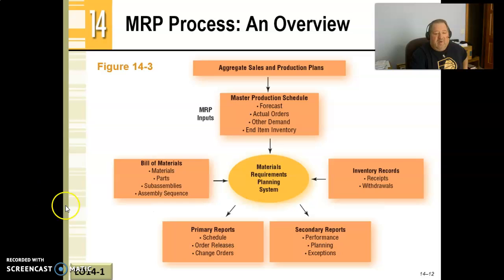So to summarize this part of the chapter, the MRP is based on the master production schedule, which comes from our sales and production plans. It also receives input from our bill of materials and our inventory records, and then that drives scheduling and also drives our performance expectations.